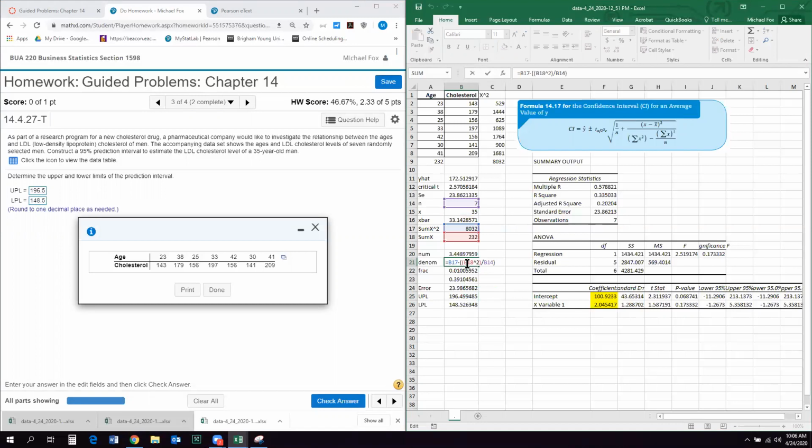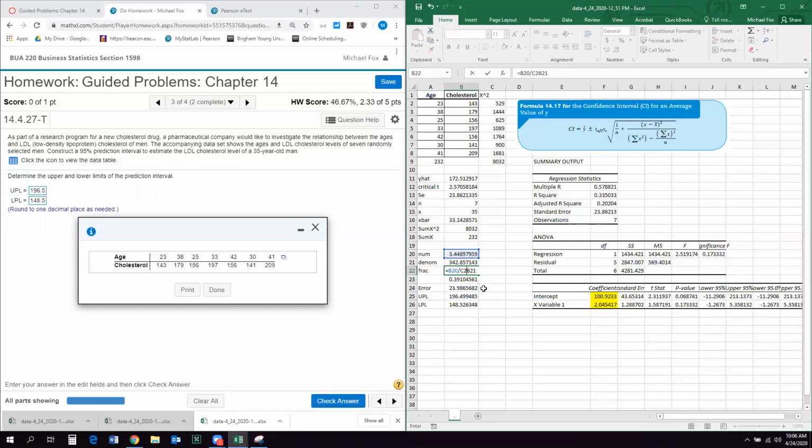Denominator is the sum of X squared minus the sum of X squared over N. So the fraction then is numerator divided by the denominator.